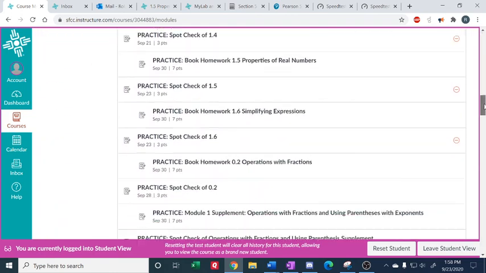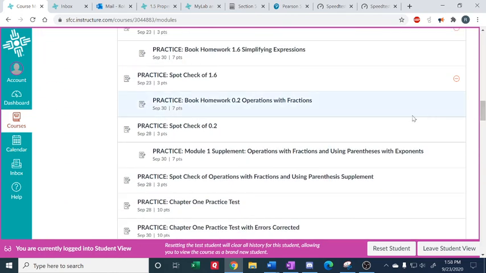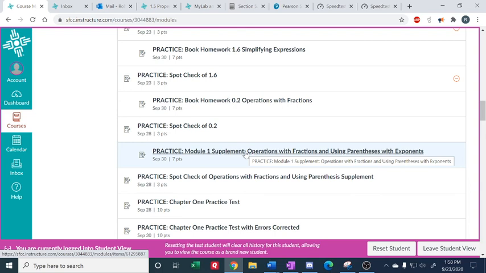When you go down to here, here's the 0.2, and right after that is this supplement, operations with fractions and using parentheses with exponents.